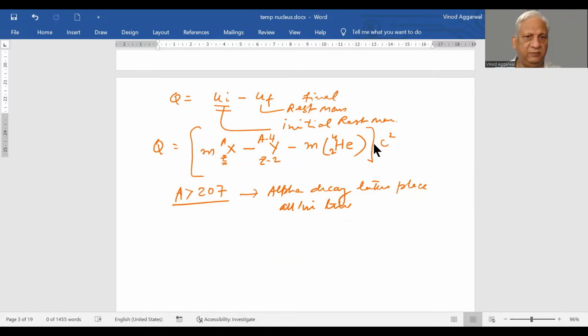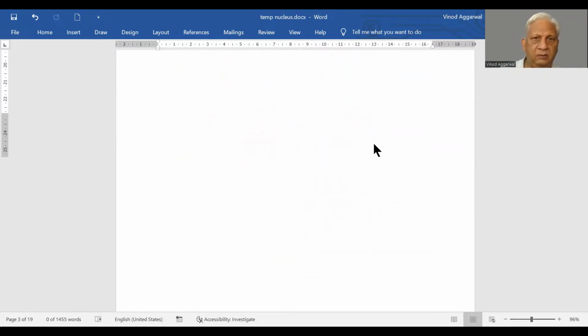Similarly, there is another form of decay which is called beta decay. It has two forms. One is negative beta and one is positive beta. Let's talk about beta negative.